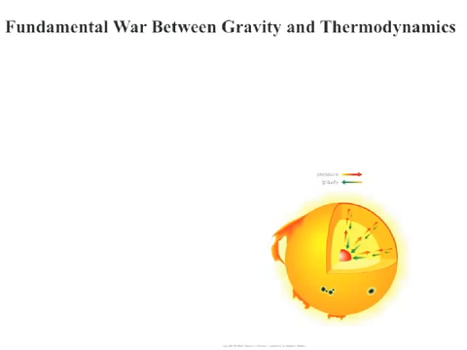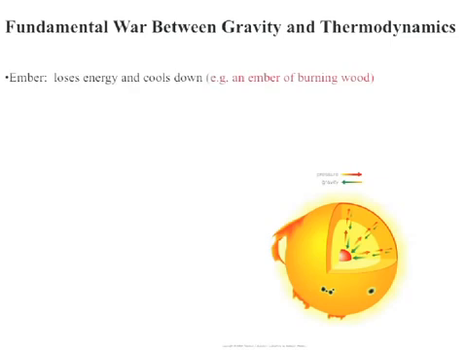Okay, now let's think of this. An ember of wood, a burning flame. A burning flame gives off heat, and then as it gets quiet, it turns black, and it doesn't give off heat anymore.